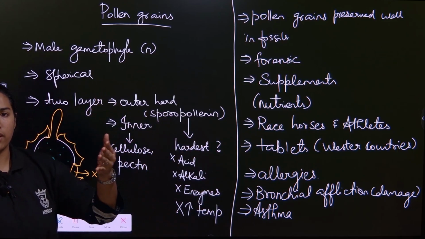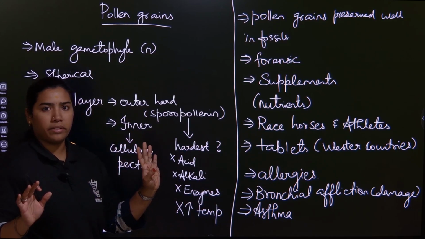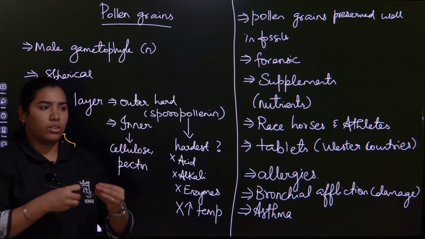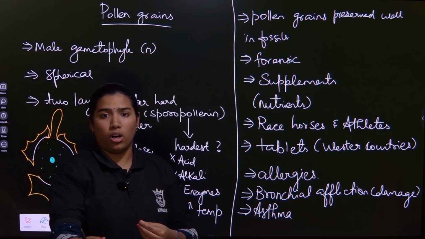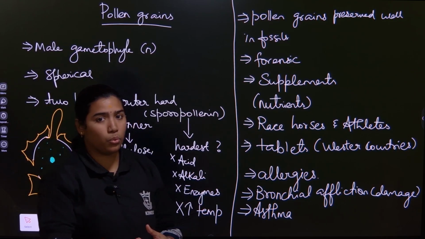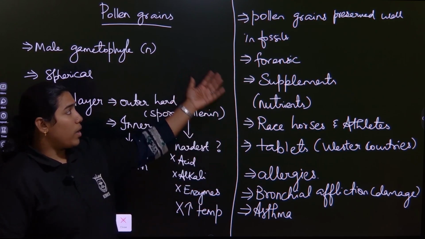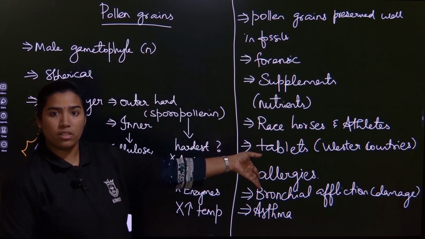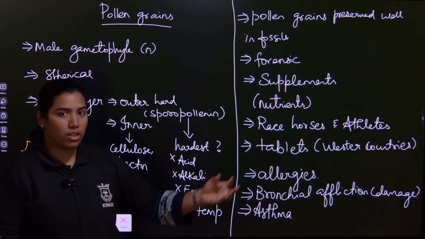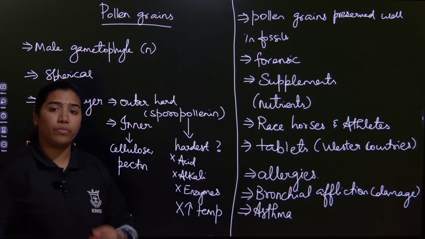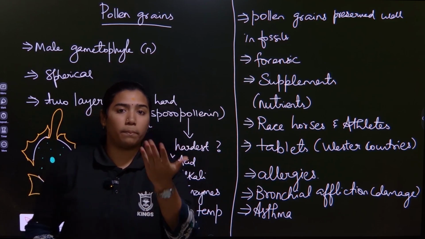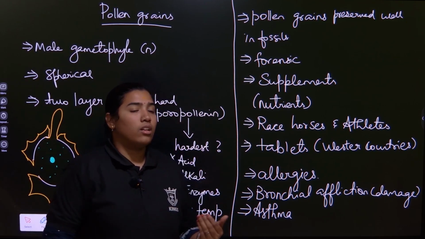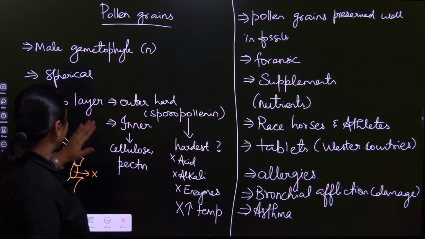Outer layer made of sporopollenin, inner layer made of cellulose and pectin. What is it susceptible to? What is it not susceptible to? And where all will they be used? They are used as food, in forensics and also as supplements. They can cause allergy, notably asthma. They'll be affecting the bronchial part of your respiratory system. A number of questions can be asked.